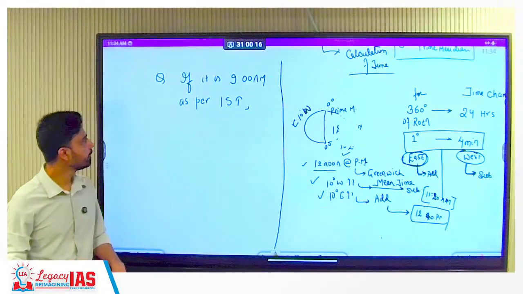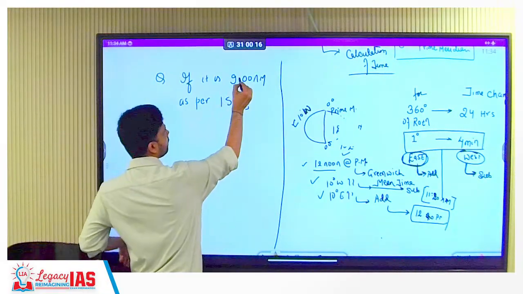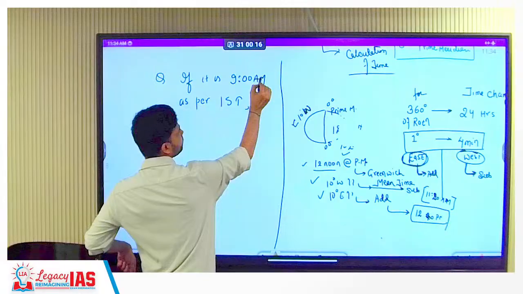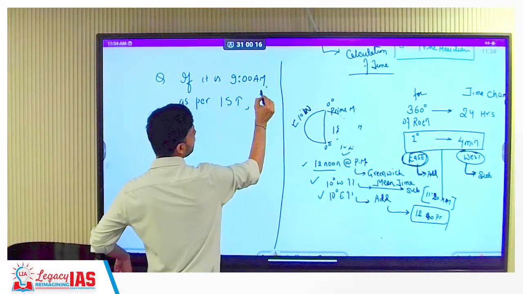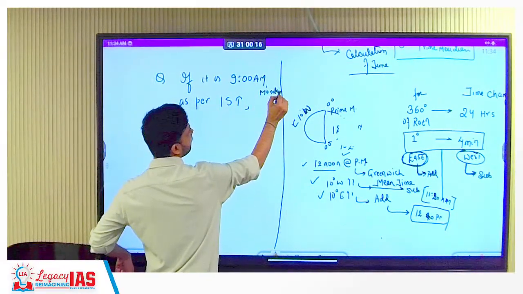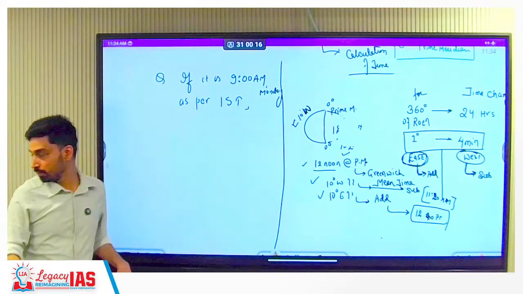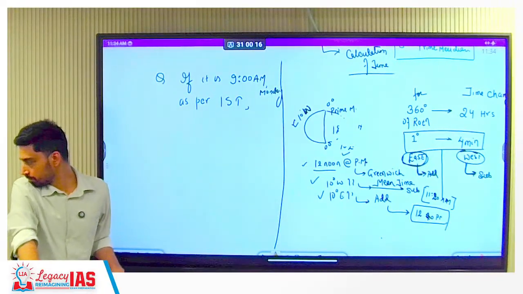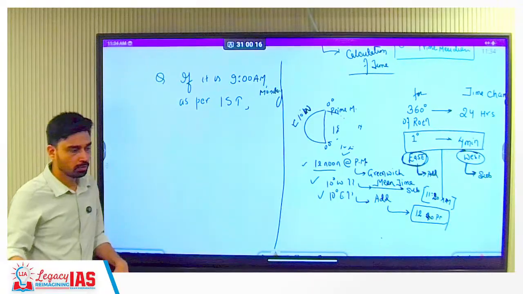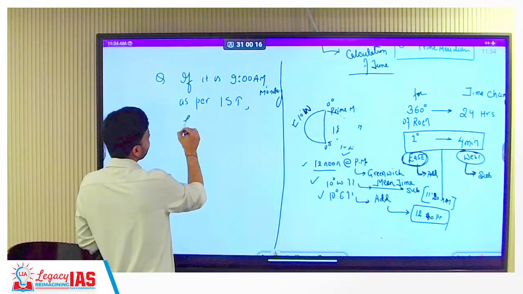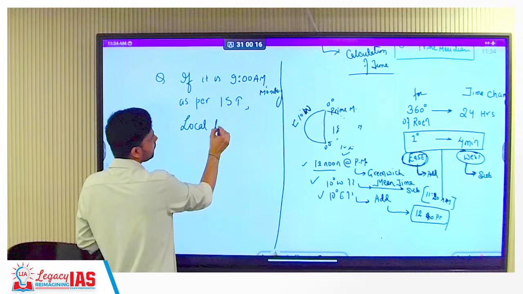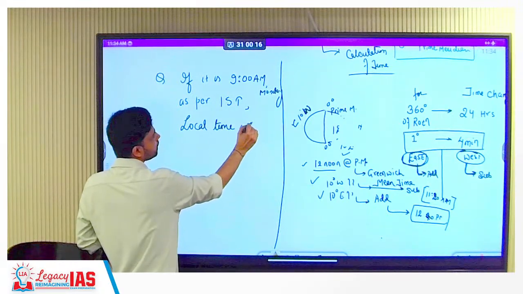Indian Standard Time. If it is 9 am as per Indian Standard Time, let us say Monday also is given, 9 am Monday as per Indian Standard Time, what is the local time? Yeah, that is the question. What is the local time? Local time in Shillong.